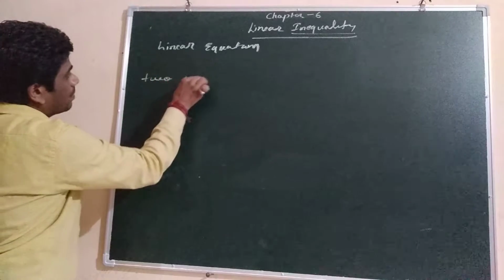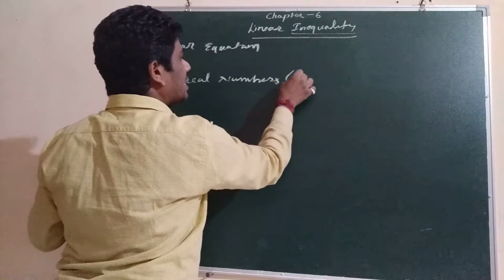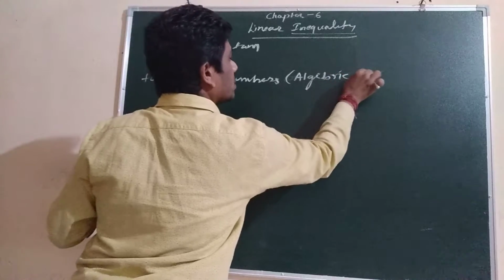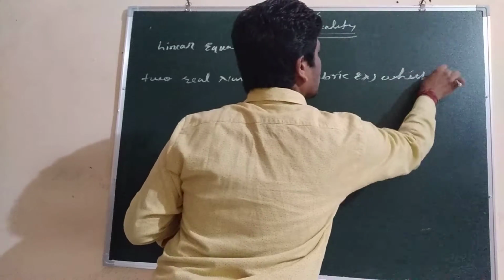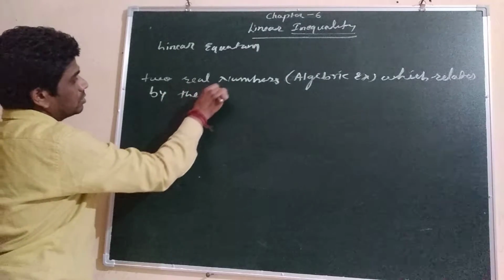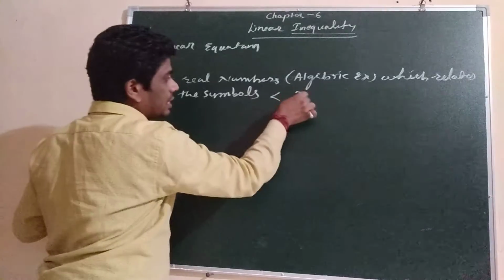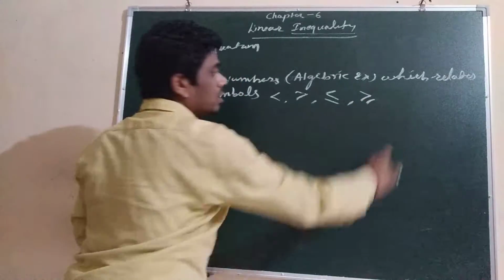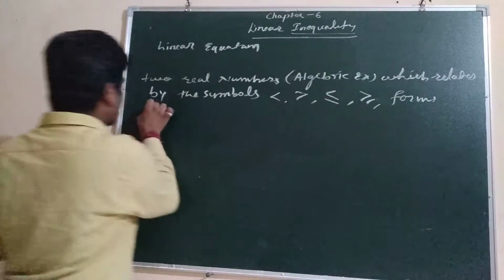Two real numbers, or we can say algebraic expressions also, which are related by the symbols less than, greater than, or less than or equal to, or greater than or equal to, form an inequality.